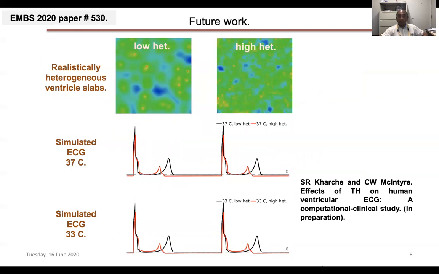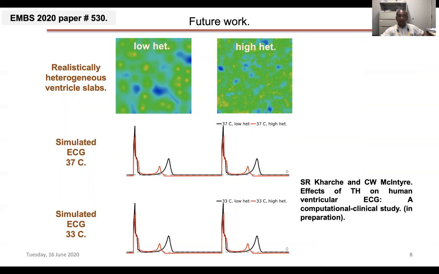Having worked with the two-dimensional case, it has now been extended to a three-dimensional slab, where the heterogeneity is distributed using Gaussian processes, in the expectation that such a distribution better represents the heterogeneity observed in our imaging data.